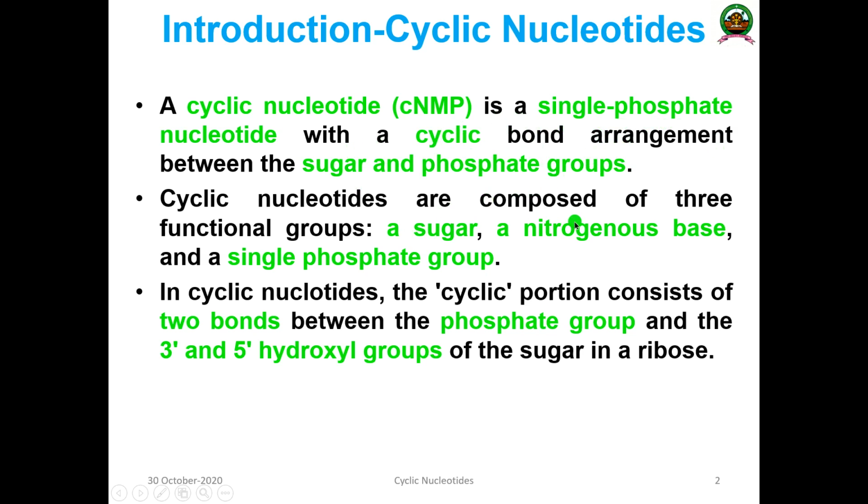Cyclic nucleotides are composed of three important components: a sugar, a nitrogenous base, and a single phosphate group.